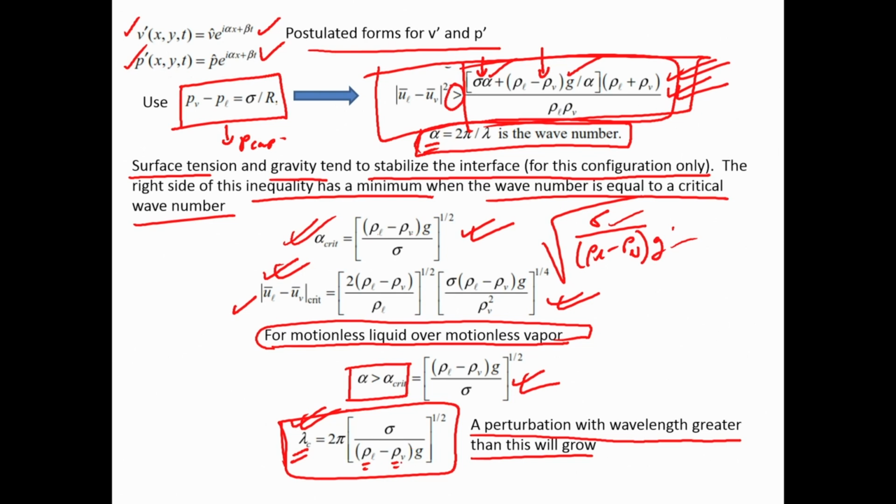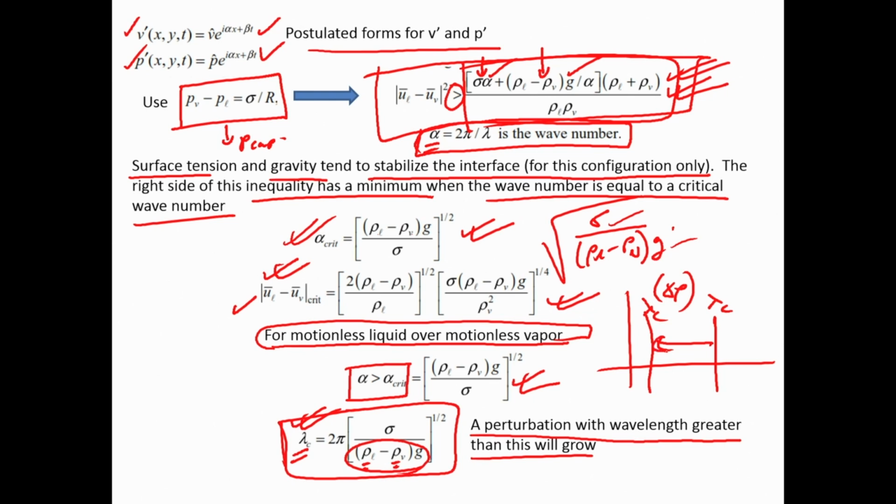Similarly, on the other hand, if the density difference is huge, which is typically what happens between liquid and vapor, this quantity is very large. So, in the wavelength space, previously lambda c was here, and now the critical lambda c is pushed back to the short wavelength regime when you have a large density differential, delta rho.